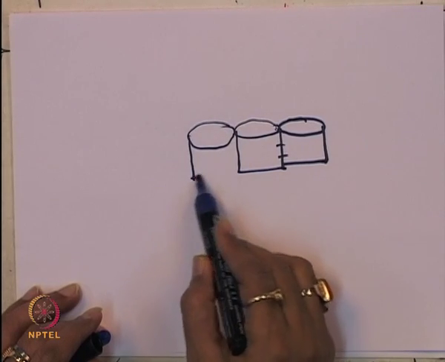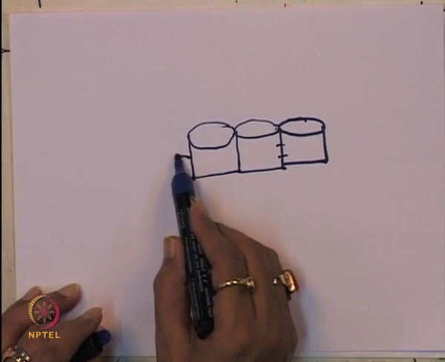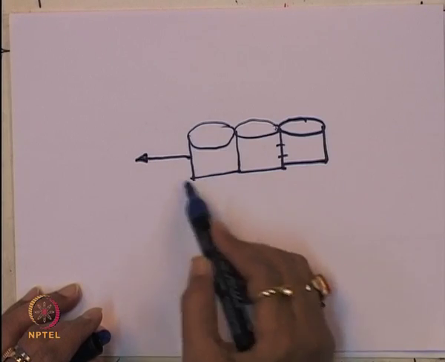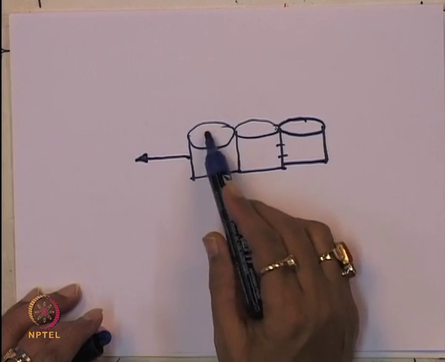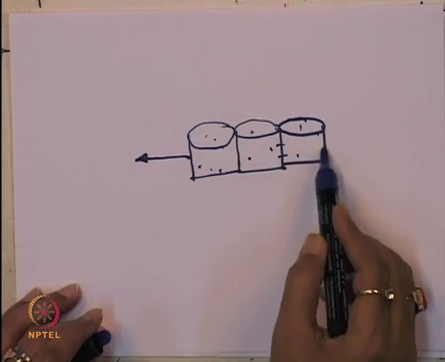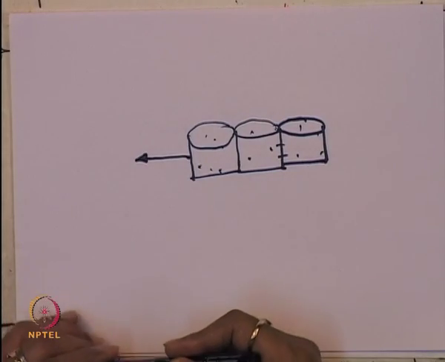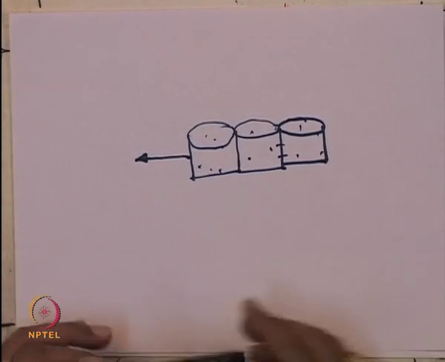You can also produce a kind of cellular reinforcement. This has a very good confining effect, and then you fill it up with soil, and then you can pull it out, because it gives a very good confinement effect also.